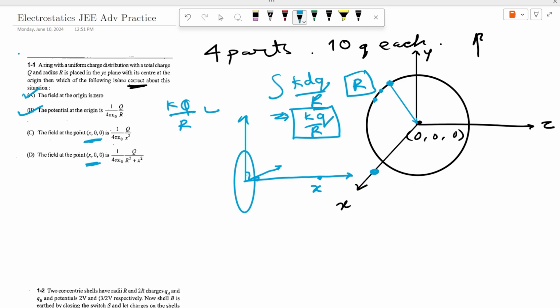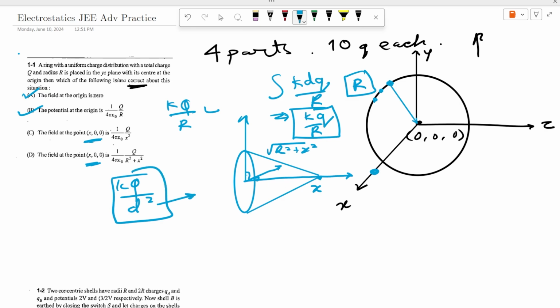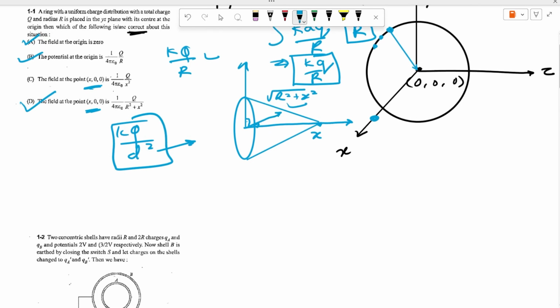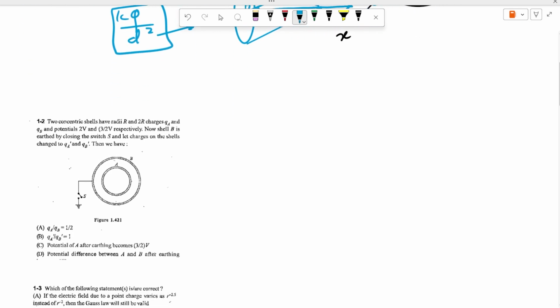So what's basically happening here is we have to consider this distance. Now this distance is going to be the square root of R squared plus x squared. Now the field at this point can be given by the expression kQ by distance squared. Now the distance can be given by this expression, hence this would satisfy. Let's move on to the next question then.